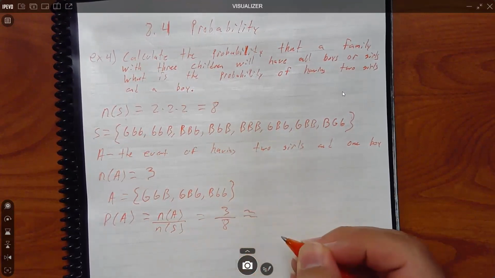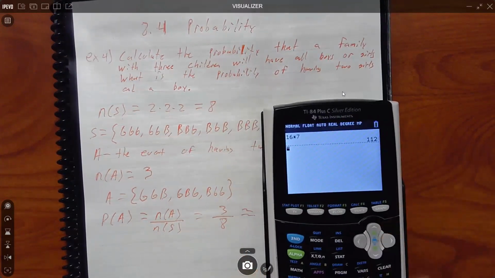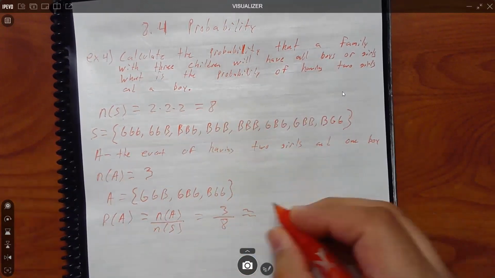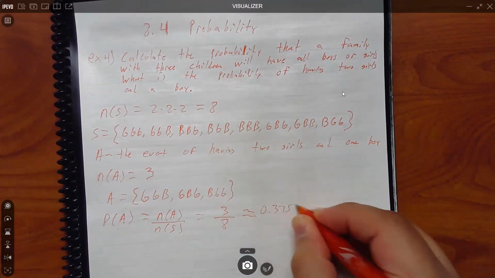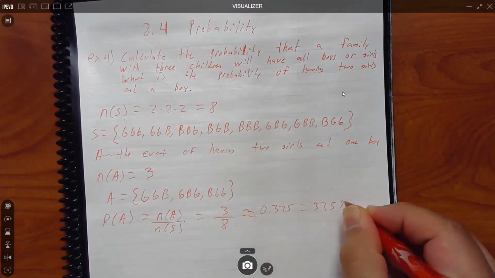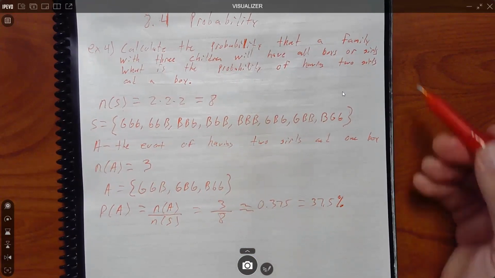So as a percentage, what is the chance of that happening? 0.375, which is 37.5% chance. That is the probability of this particular event happening.